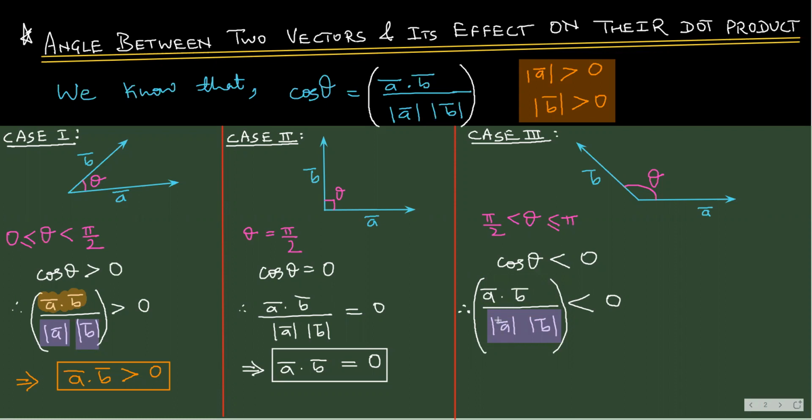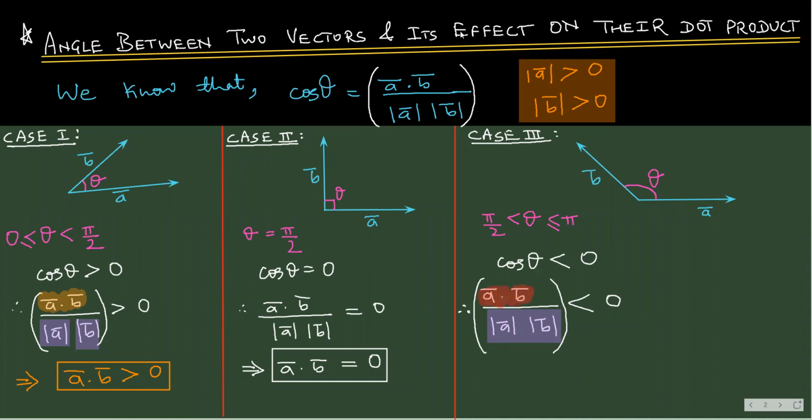See, I already know that the denominator is always positive because these are magnitudes of vectors a bar and b bar. Now, if the denominator is always positive, then in order for the whole ratio to become negative, I understand that this numerator has to be negative. Then only negative upon positive will be negative.